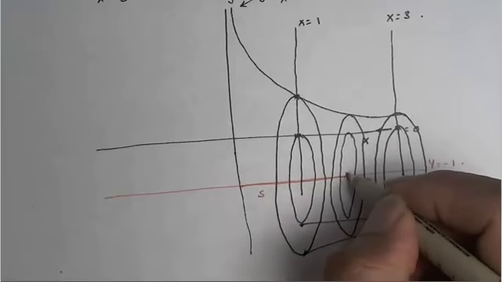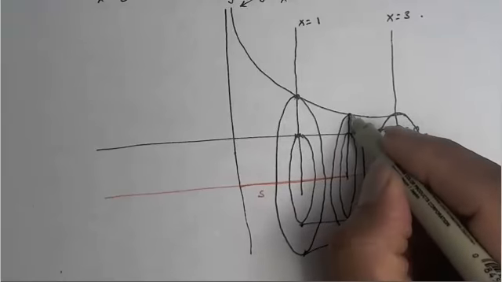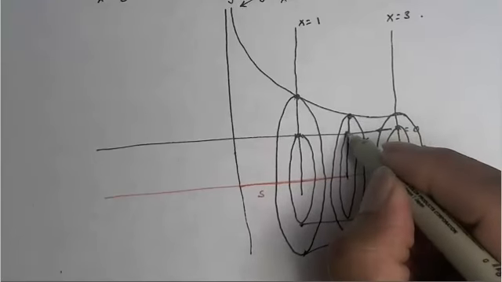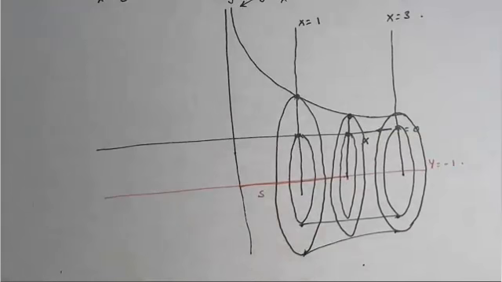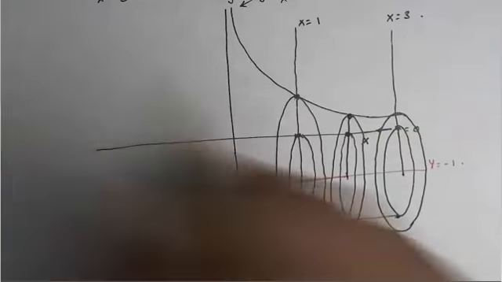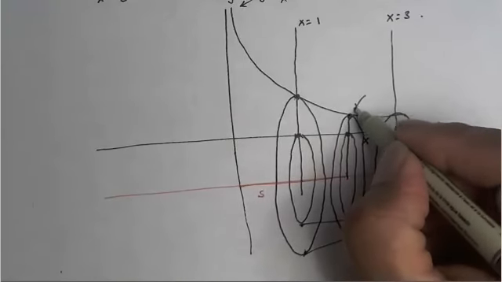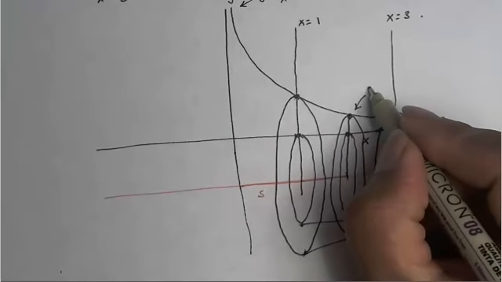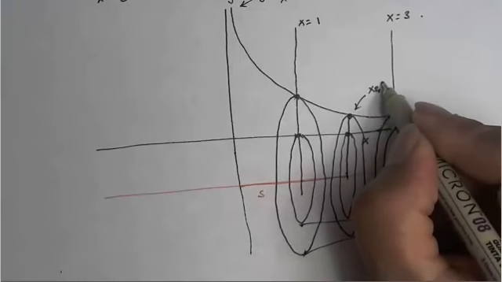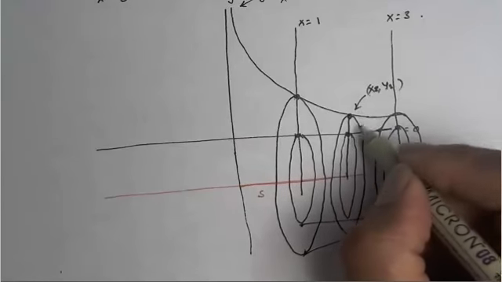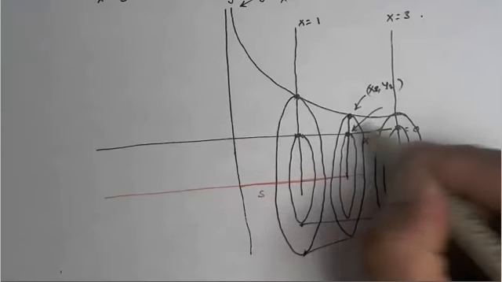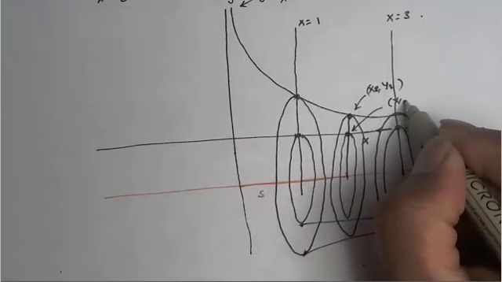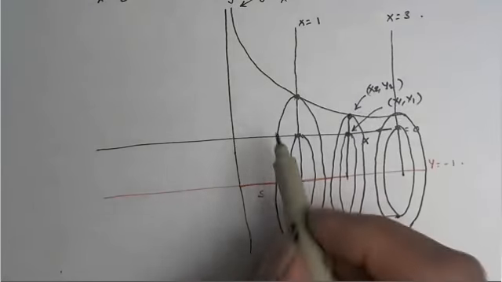And so I look at the line perpendicular to that, which touches the inner curve at some point, and let's say the coordinates of this point are x2, y2, and let us say this has coordinates x1, y1.